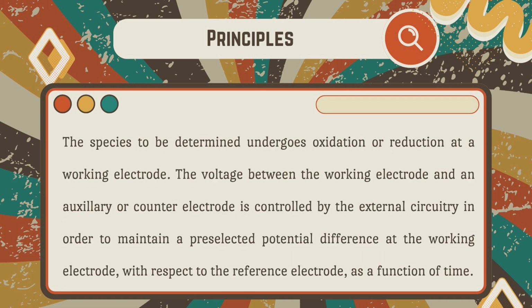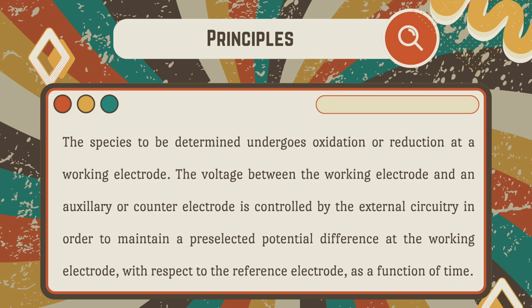The species to be determined undergoes oxidation or reduction at a working electrode. The voltage between the working electrode and an auxiliary or counter electrode is controlled by the external circuitry in order to maintain a preselected potential difference at the working electrode.